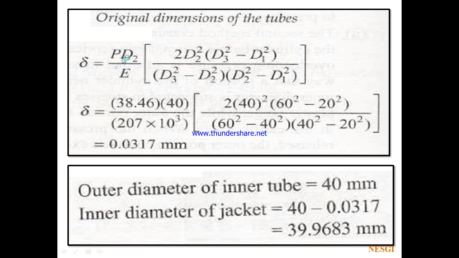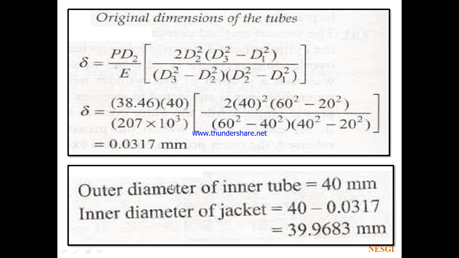So substitute all the diameter values, and P is 38.46 Newton per mm square and Young's modulus is 207 kilonewton per mm square. So that's why it is 10⁻⁵. So if you simplify, you will get 0.0317 mm. Means it is the value of deformation.